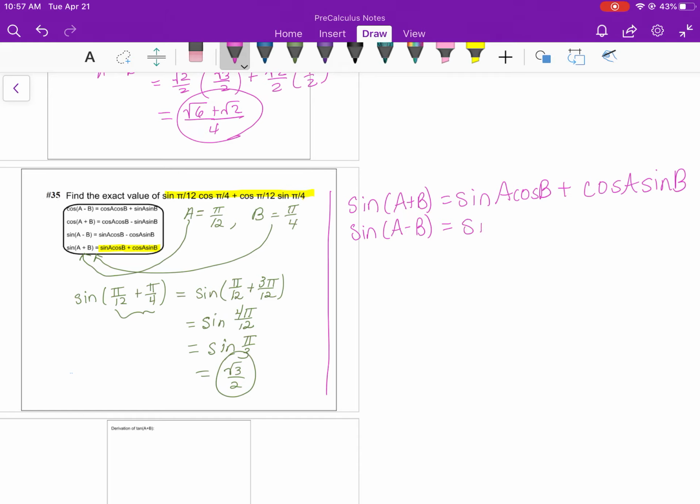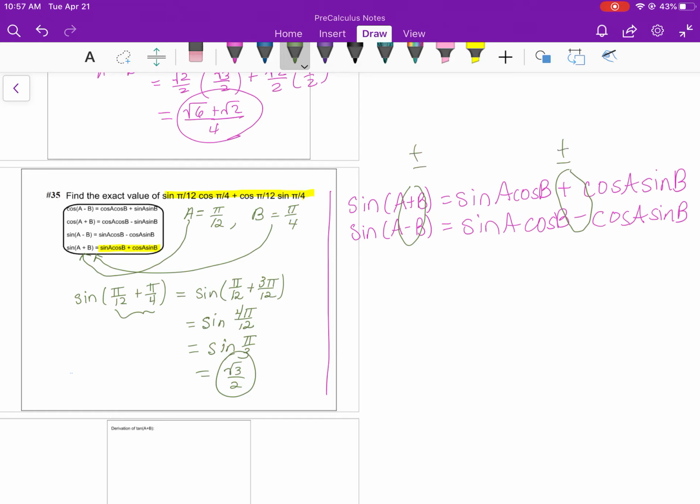So I'm just copying these down. Okay, so these two signs can be chunked together to make a plus or minus.